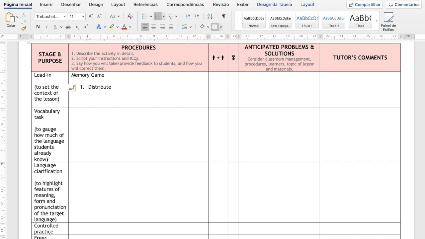Distribute pairs of pictures of animals facing down and set instructions for the memory game. Let students play in pairs. Monitor and help if necessary.